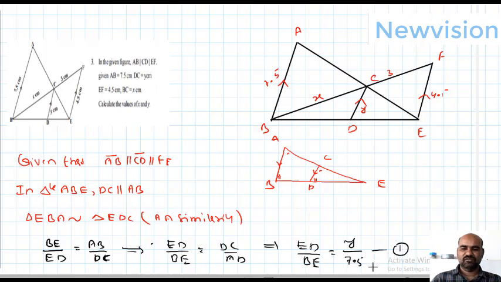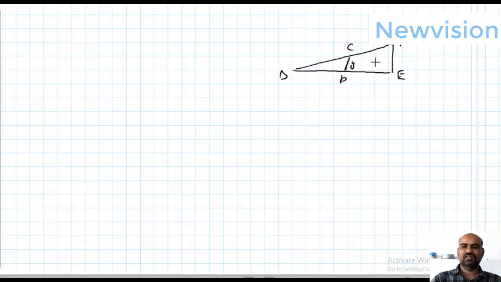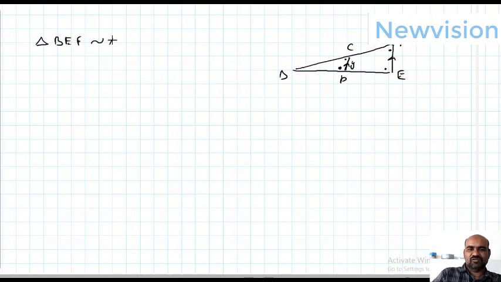Now take this as number 1. Observe here. Now these two triangles are similar because given that these two are parallel, this angle is equal to this angle, corresponding angles. Directly I want to write triangle BEF similar to triangle BDC, bracket AA similarity. Again I want BE in the denominator.